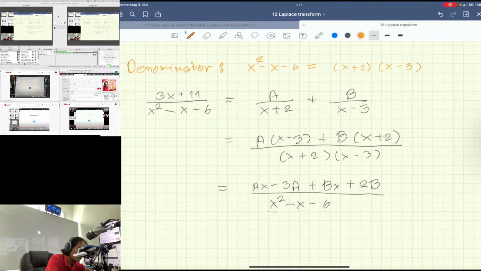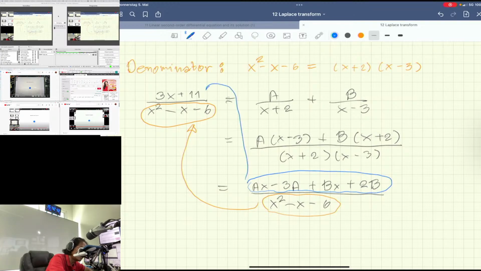So this term is the same as this term, right? And this term should be equal to this term. Denominator should be equal to denominator. Numerator should be equal to numerator. All right.